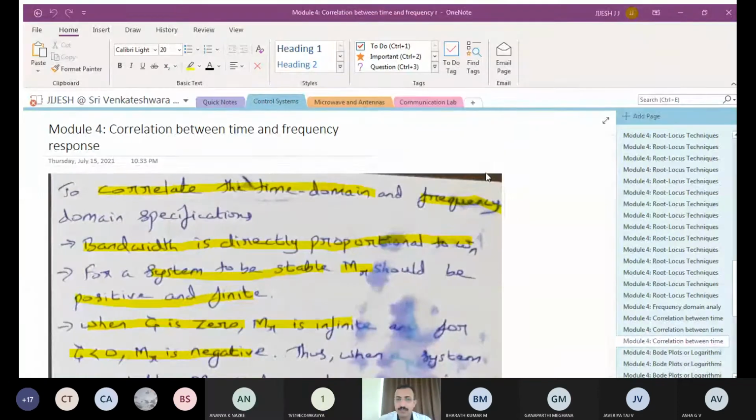Proceeding further, we have also done some problems based on those things, and we understood how the Bode plot has to be drawn for magnitude and with respect to phase. We will continue further with that, and understand in more detail how this can be carried out.